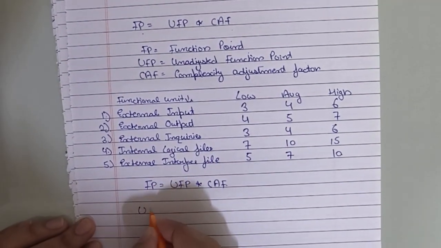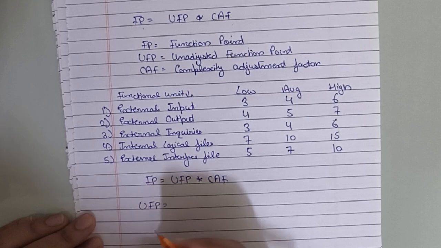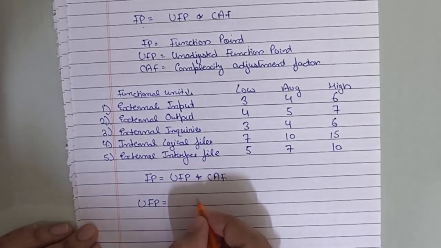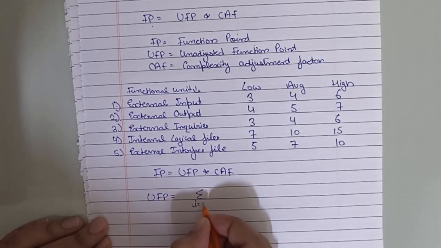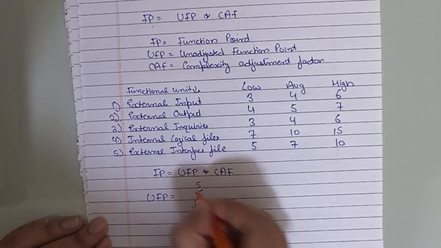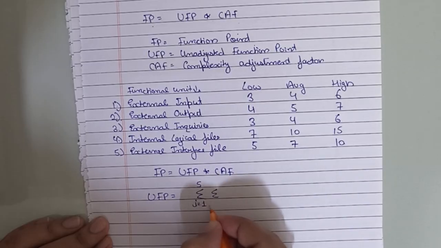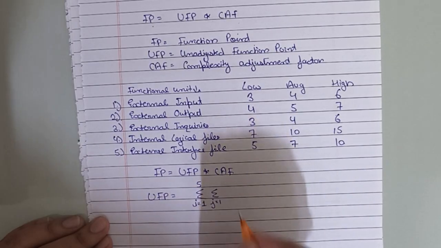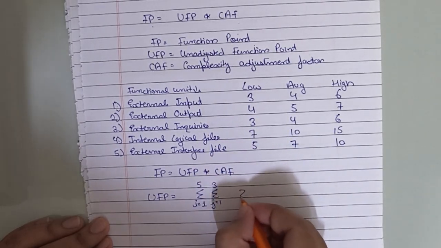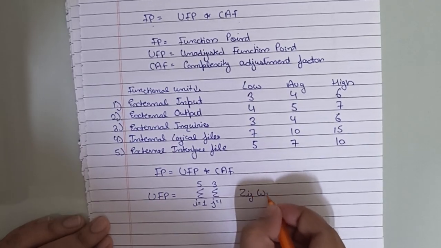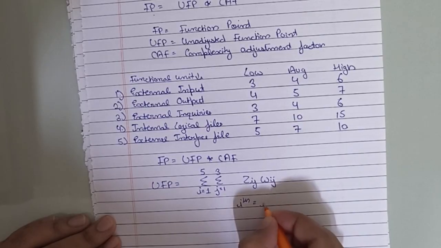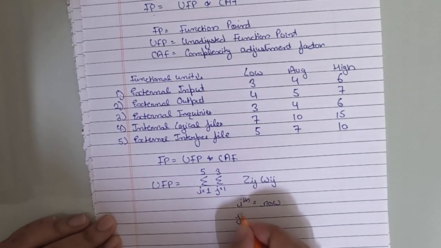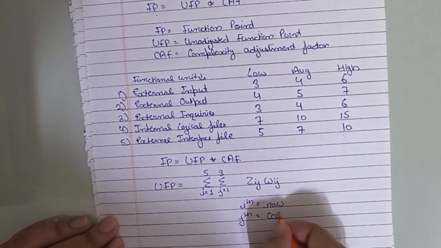To calculate UFP in FP, the formula is UFP equals summation of i equals 1 to 5, summation of j equals 1 to 3, Zij, Wij, where i stands for row and j stands for column.